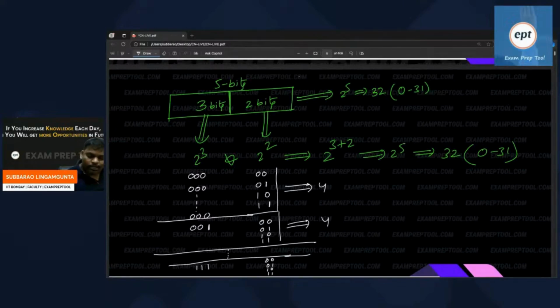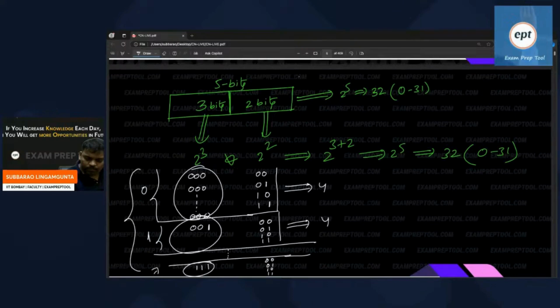How many times? 8 times, since this part goes from 0 to 7, total 8. So 8 into 4 is 32.